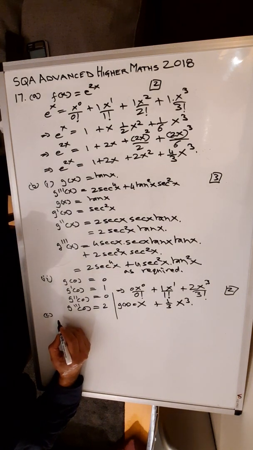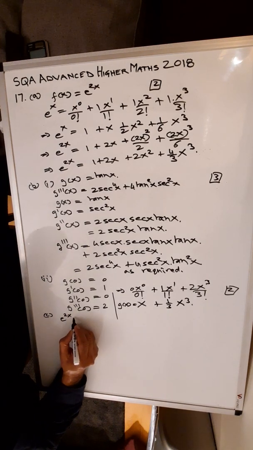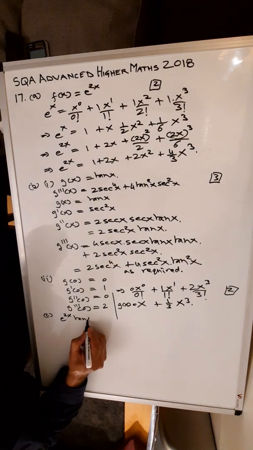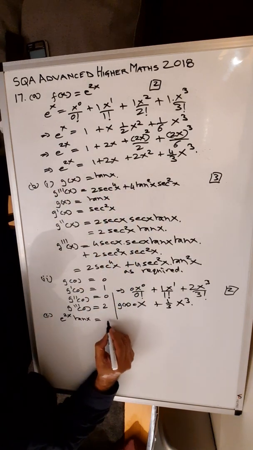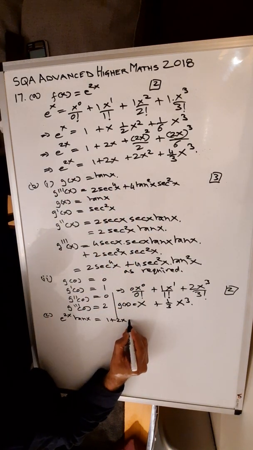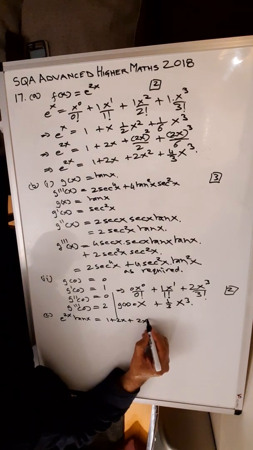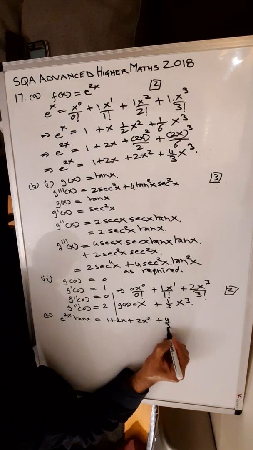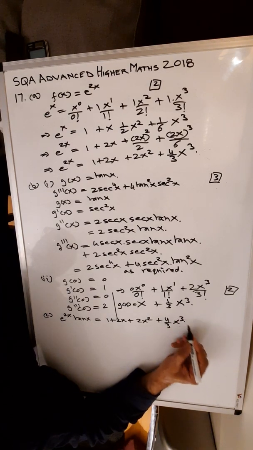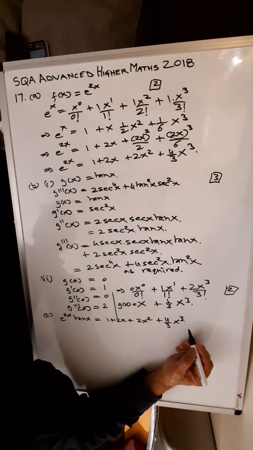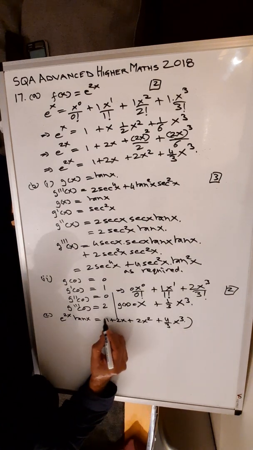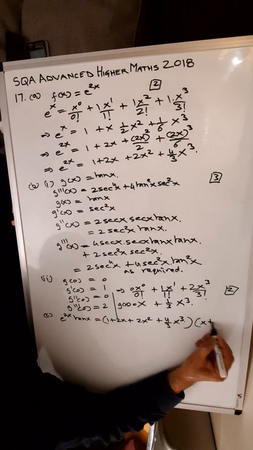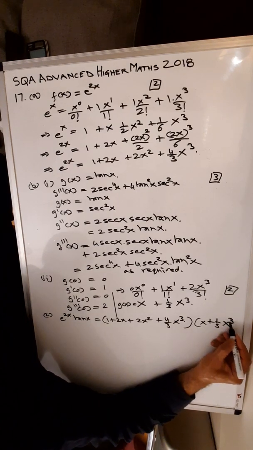So e to the 2x tan x is equal to e to the 2x, you've got there 1 plus 2x plus 2x squared plus 4/3 x cubed, and tan x, you've got x plus 1/3 x cubed.